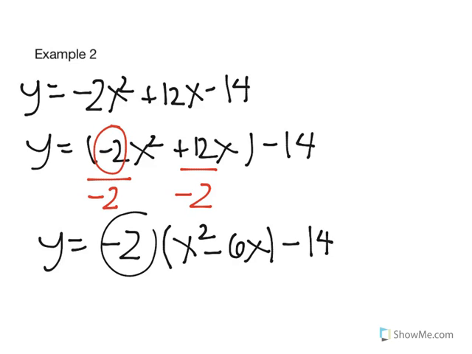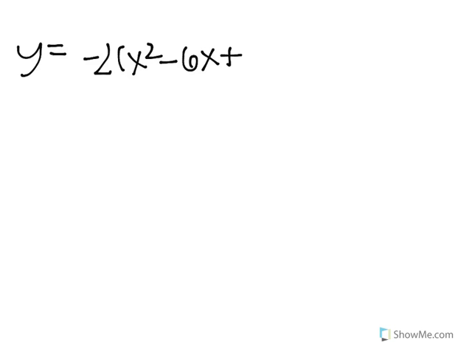Now that we have that, and we factored it out, we can expand it. So it would be negative 2 times (x squared minus 6x plus another space), minus 14. Now we will take the fourth step and do b over 2 squared. So our b in this case is negative 6.